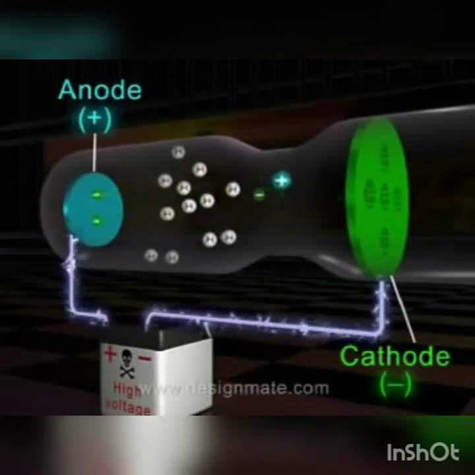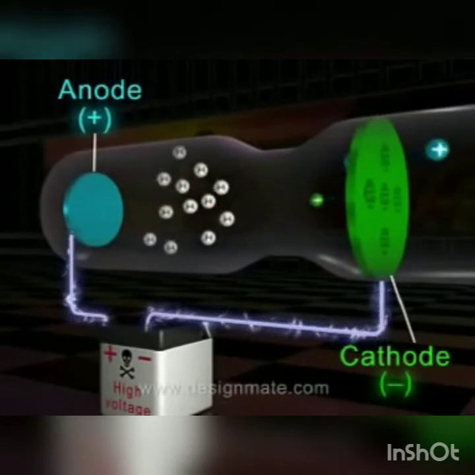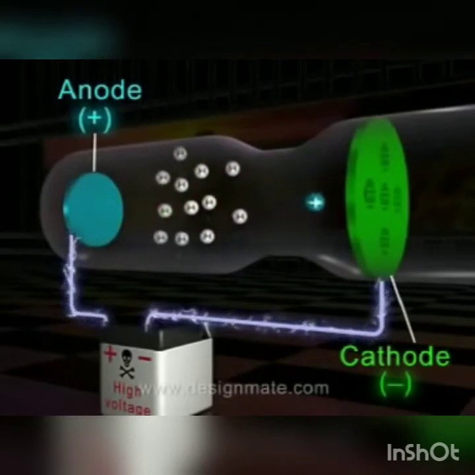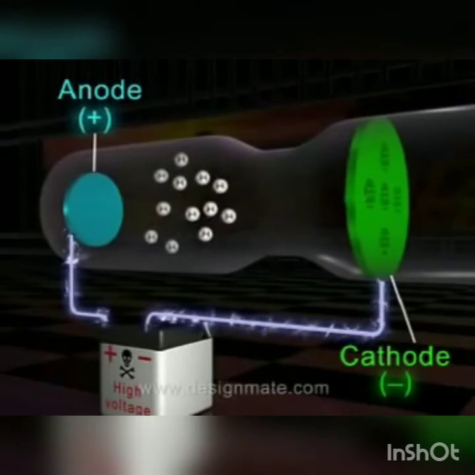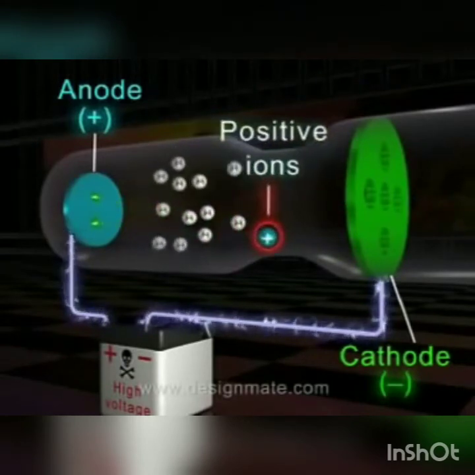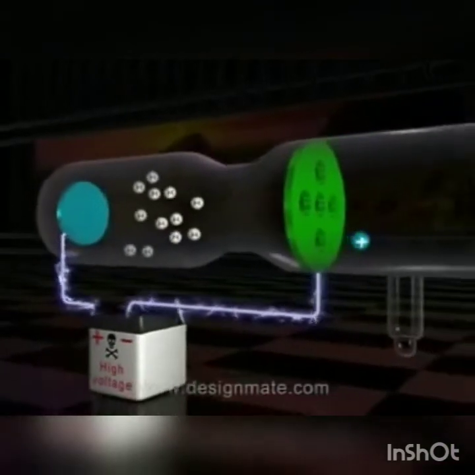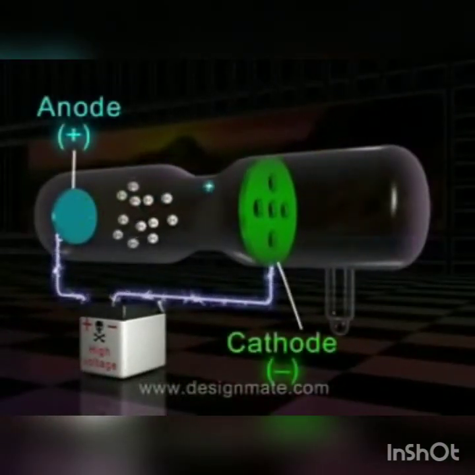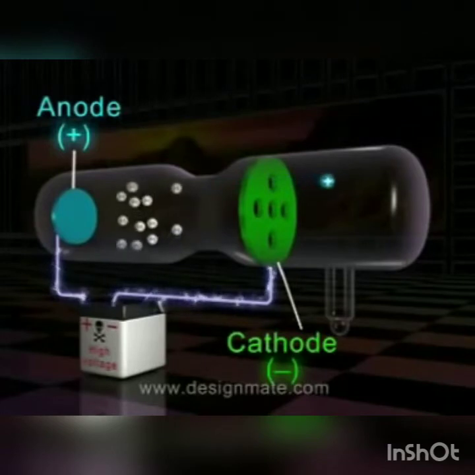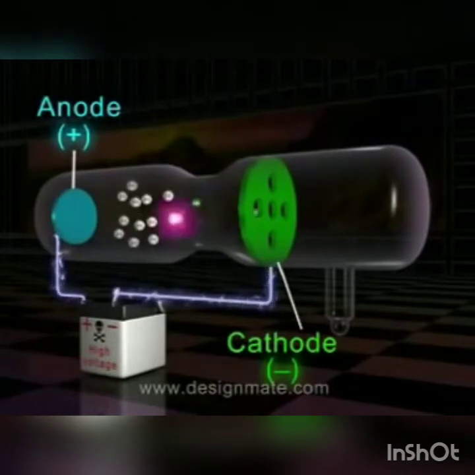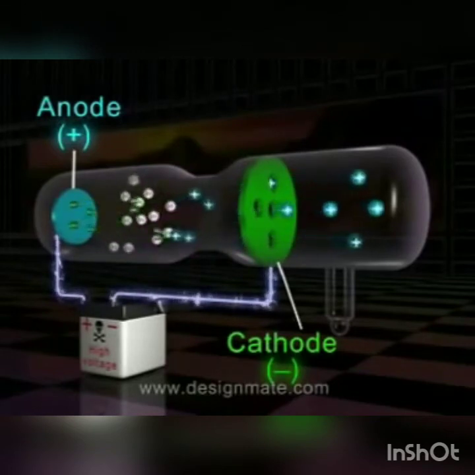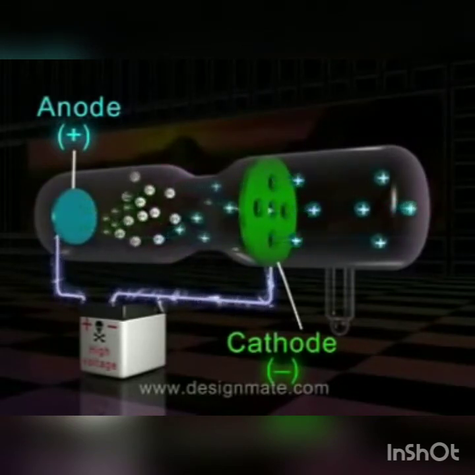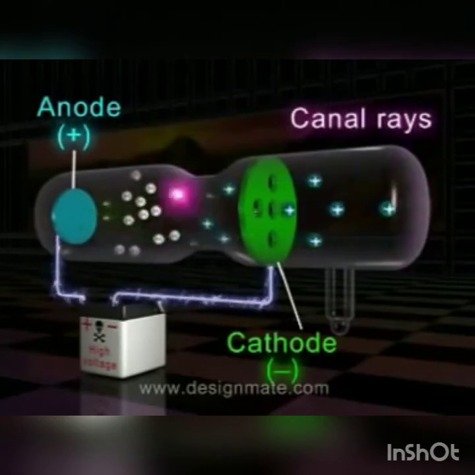The electrons emitted from the cathode collide with the residual gas molecules. These collisions knock an electron out of each gaseous atom, generating positively charged ions, which are accelerated towards the cathode and pass through the holes in the cathode, producing a beam of positively charged particles on the back of the cathode. As the positively charged particles pass through the holes or the canals in the cathode, they are called canal rays.